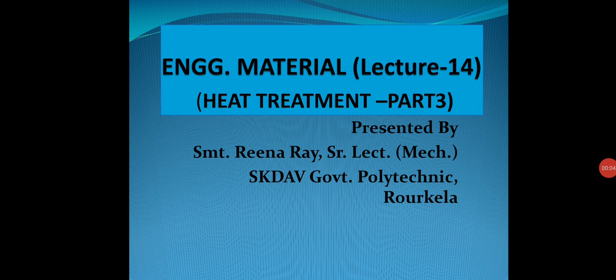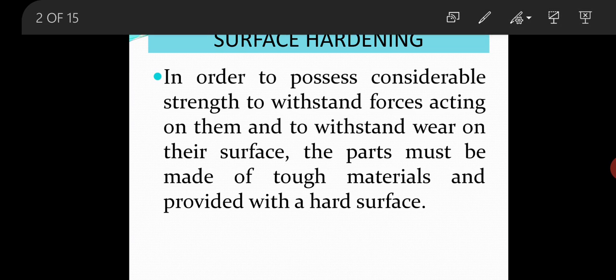Good morning, students. Today we will discuss the third part of heat treatment, that is surface hardening. In all types of heat treatment, we have to conduct three stages. First, we heat the material to a certain temperature, hold it at that temperature for a certain period, and then cool the part at a particular cooling rate.